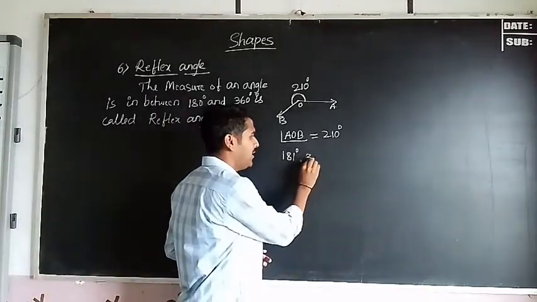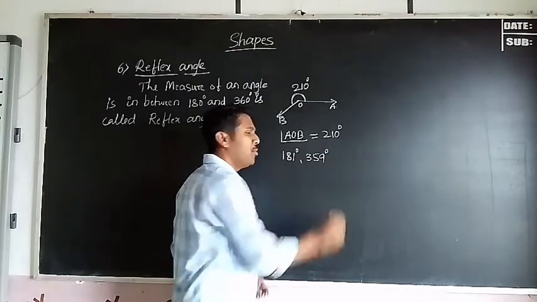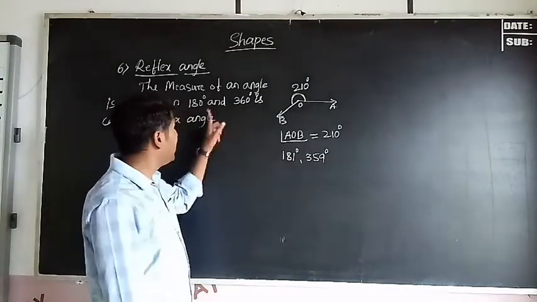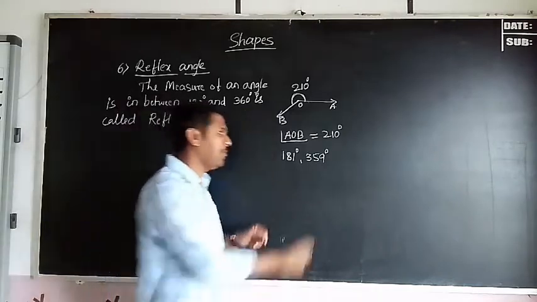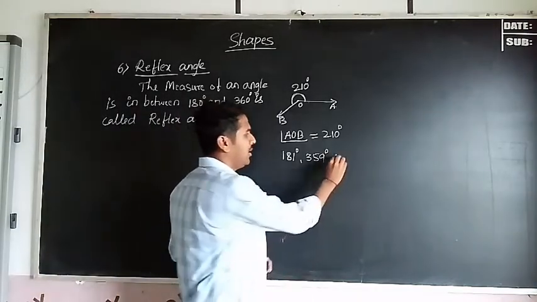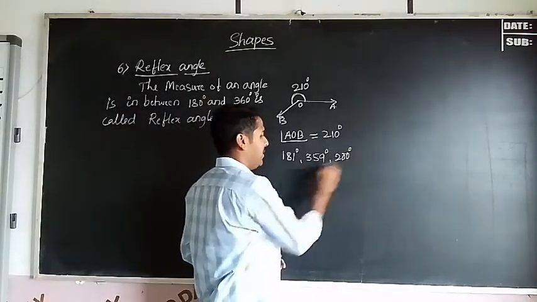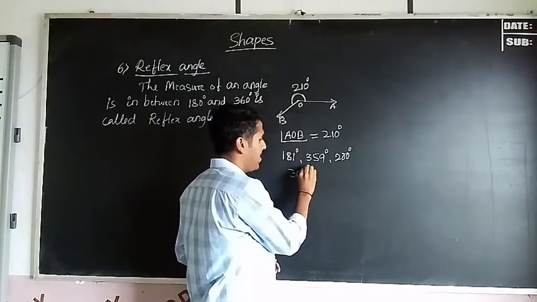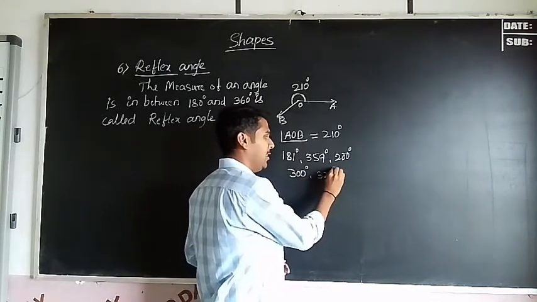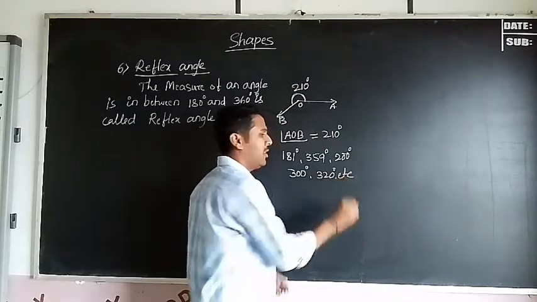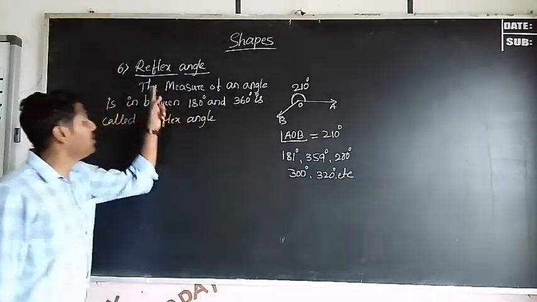Next, 359 is also possible, but don't take exactly 360 degree. Okay. In between, 200, 300 degree, 320, etc. Okay. So this is the definition of reflex angle.